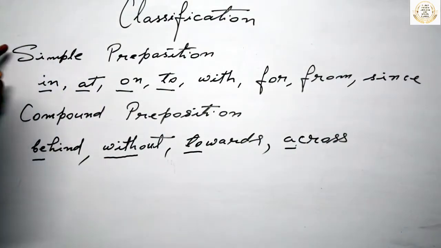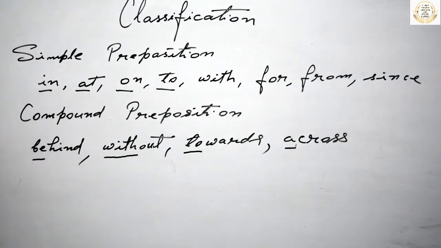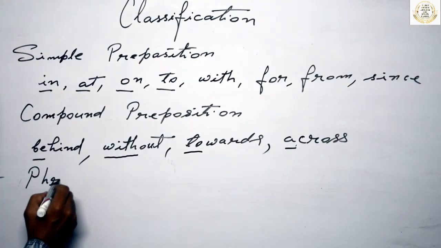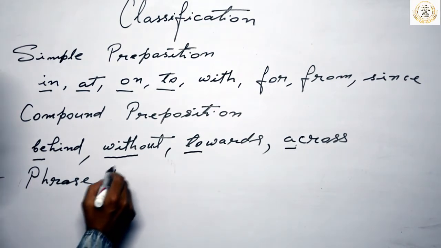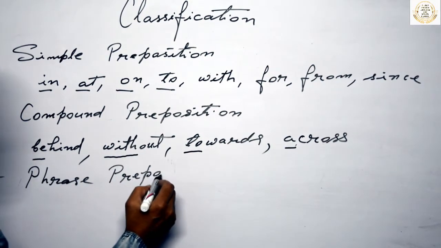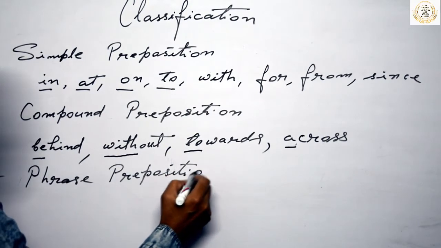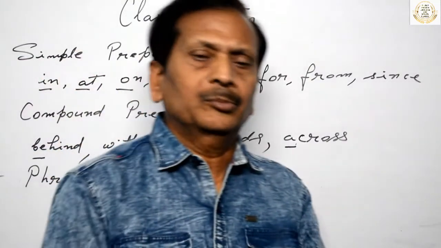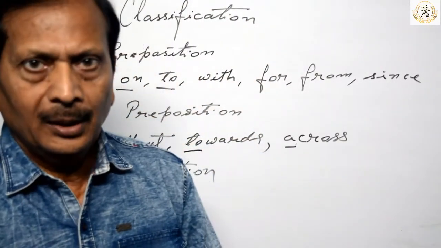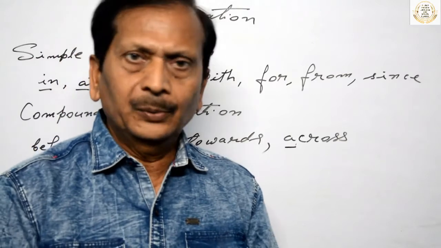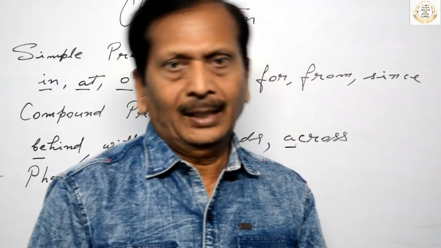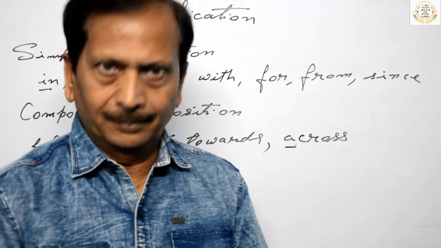So this is number one, simple preposition. Number two, compound preposition. And number three, phrase preposition. Some students say phrasal preposition. Actually, a phrase is a group of words. If it contains some kind of preposition, it is a phrase preposition.